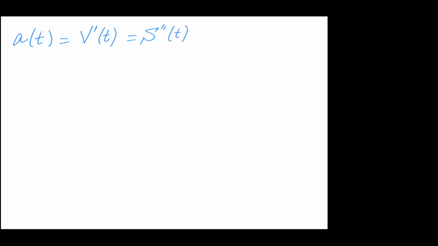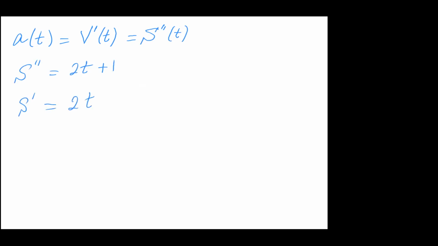Let me start with s double prime equals 2t plus 1. If I take the antiderivative of both sides, on the left-hand side I get s prime. On the right-hand side, here is my t, my 2.